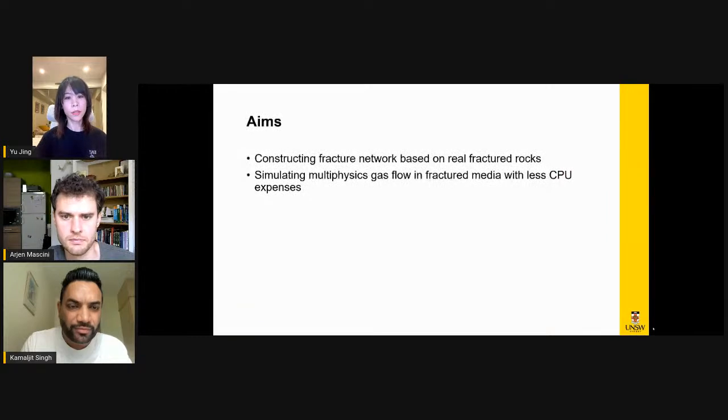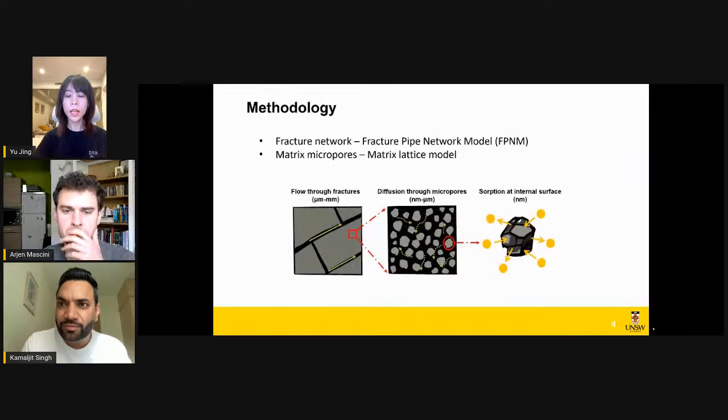So my work aims to extract a fracture network based on real fractured rocks, and also to simulate multi-physics gas flow in the fractured media with much less CPU expense. In this work, I will take a coal sample as an example.